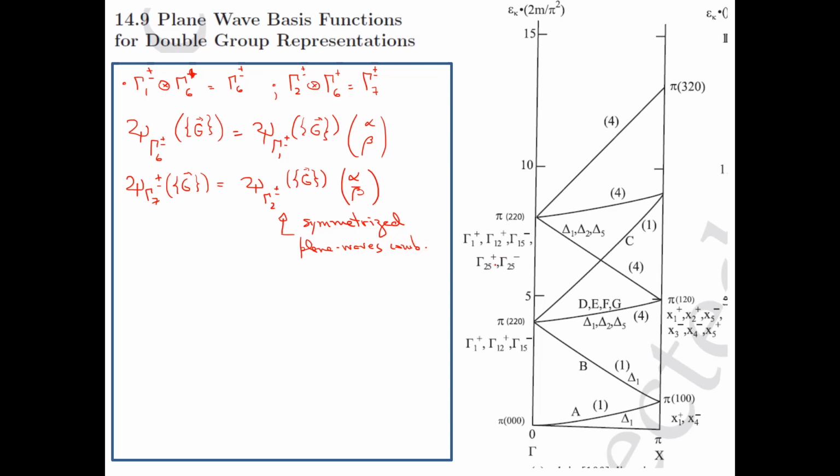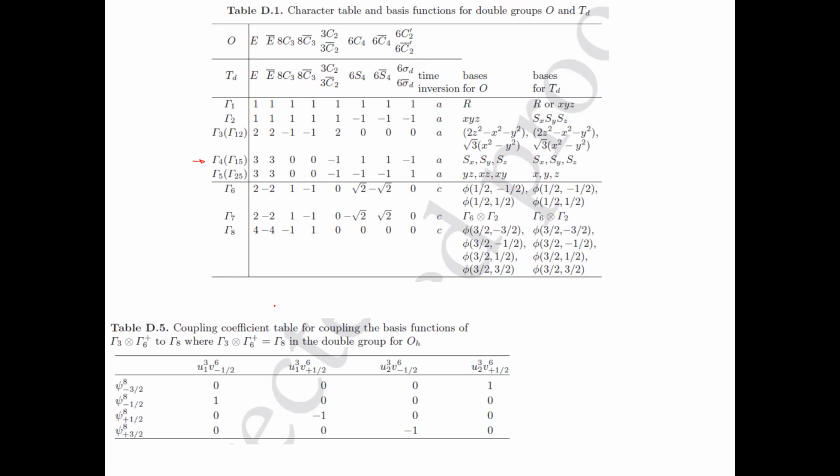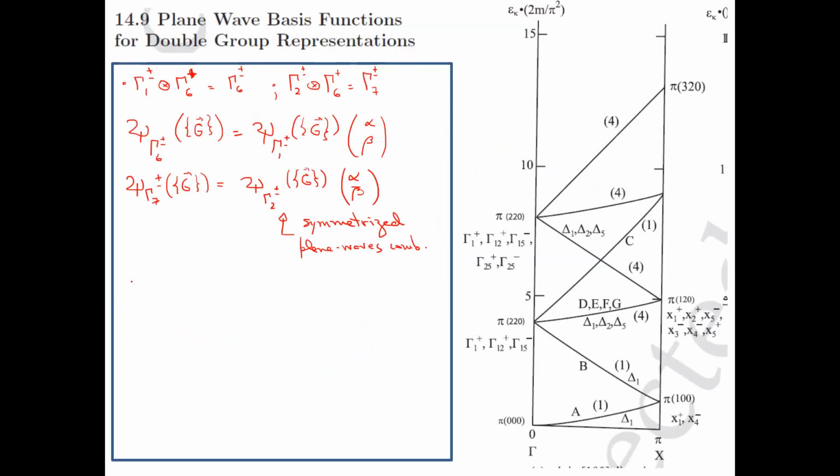So what about slightly more complicated cases? So let's take now gamma 1 2. Gamma 1 2, even or odd, when you apply spin orbit coupling, it does not split.